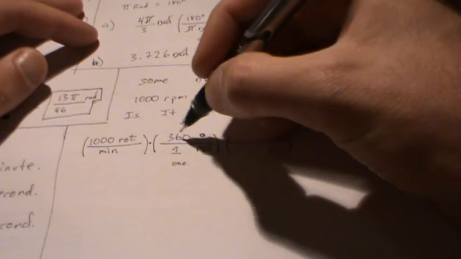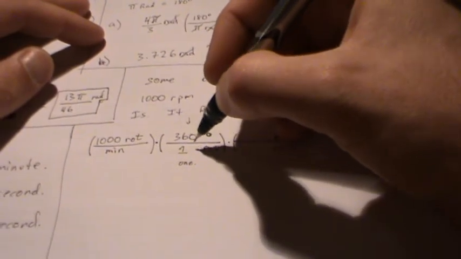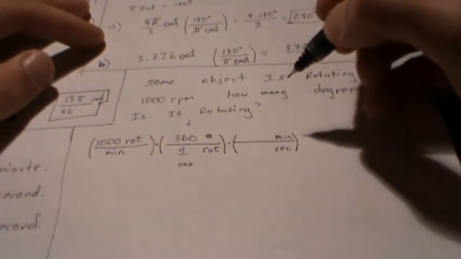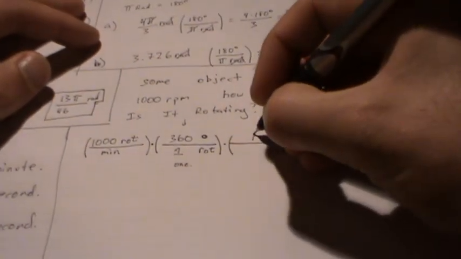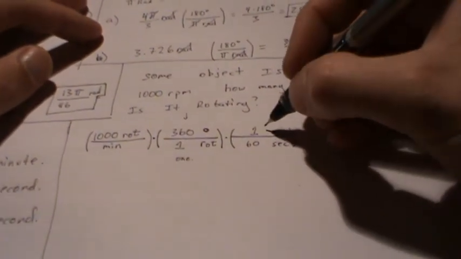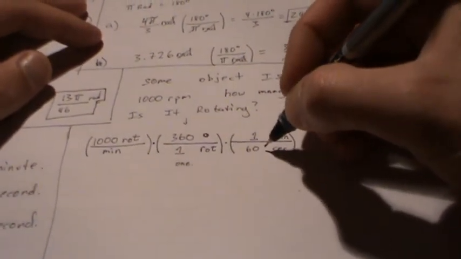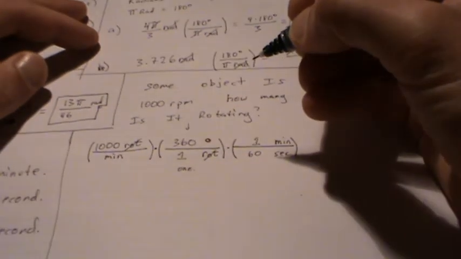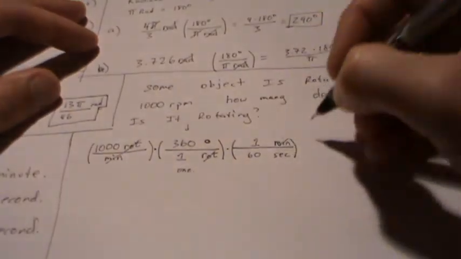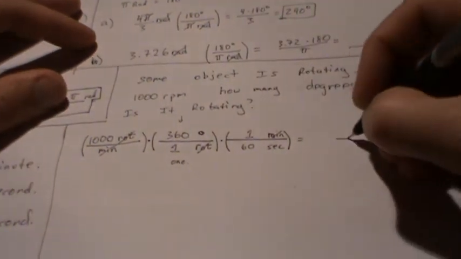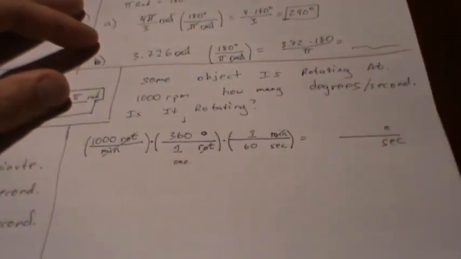So 360 degrees is equal to 1 rotation. And 1 minute is 60 seconds, the same amount of time. Now we can cancel our rotations, cancel our minutes, and in the end I'm left with only degrees and seconds.